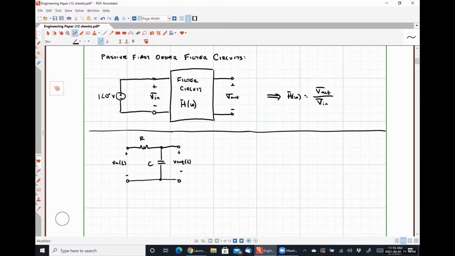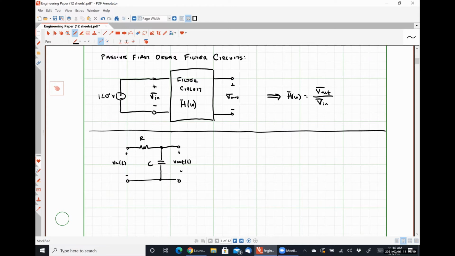How could we determine the transfer function for this guy? I'm arguing that if I apply a time domain input signal and measure a time domain output signal, I could figure out what's going on with this guy, okay?